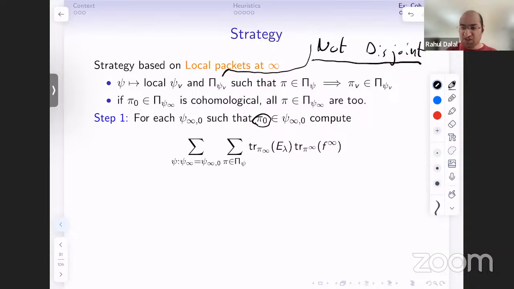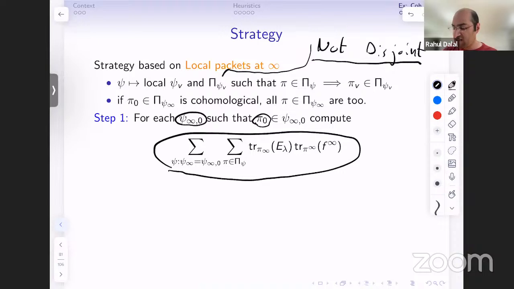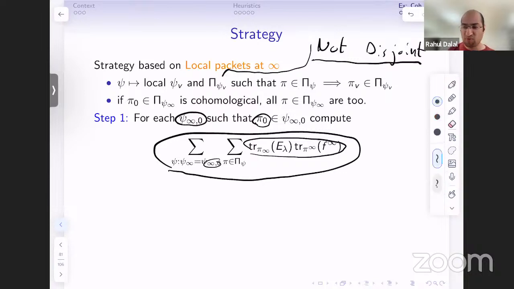Then you look at each Arthur packet psi_infinity^0 that contains that representation pi_0. So you just look at the Arthur packets, which give a disjoint division of the automorphic spectrum, and you look at the pieces where psi_infinity is equal to psi_infinity^0. Then you sum over the automorphic representations in there, and you look at the trace against those specific automorphic representations that live in those pieces of the parameters. So that's our step one.